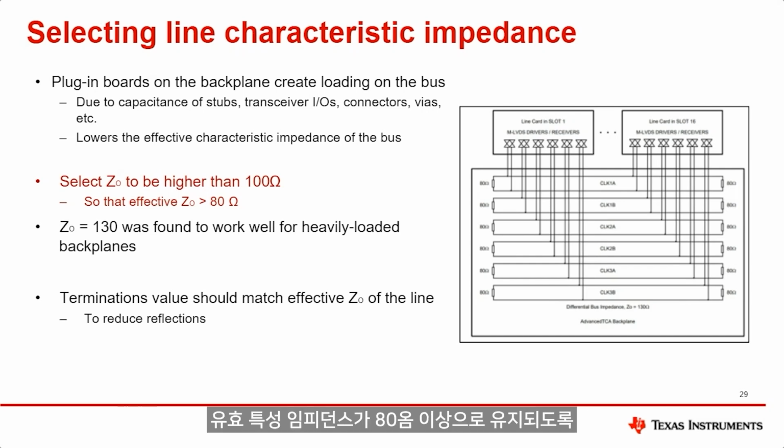So it is recommended to select a characteristic impedance that's actually greater than 100 ohms, so that the effective characteristic impedance remains over 80 ohms. So in the instance on the right-hand side, the characteristic impedance of this loaded backplane is 130 ohms, but the effective characteristic impedance is 80 ohms, and that's why the termination resistors are selected to be 80.